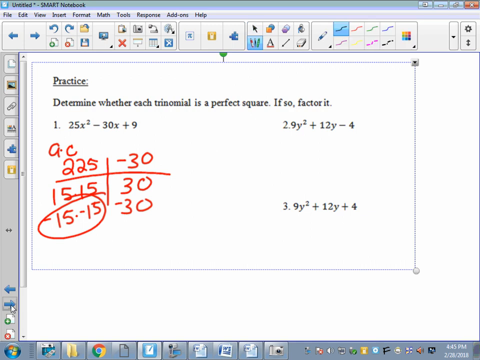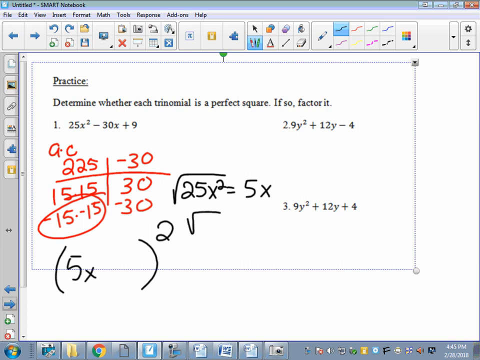I notice they're the exact same number, exact same sign. If I wanted to use my shortcut, I'm going to stop, open a single set of parentheses and square it. I'm going to take the square root of my first term, which is 25x squared. Square rooted would be equal to a 5x. Write that right out front.